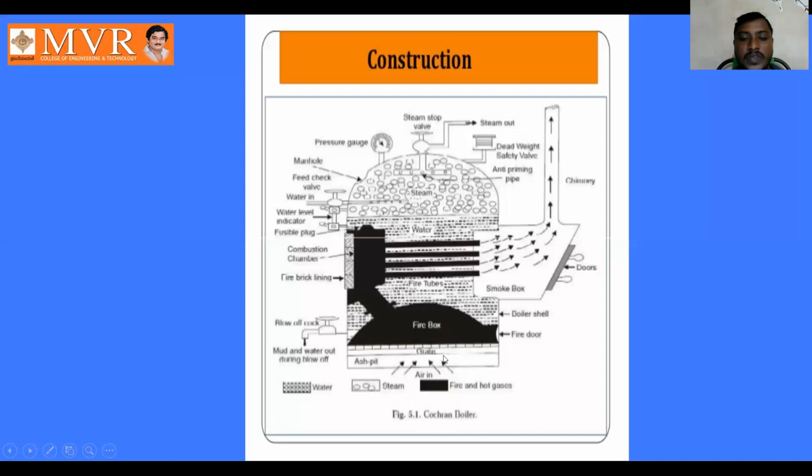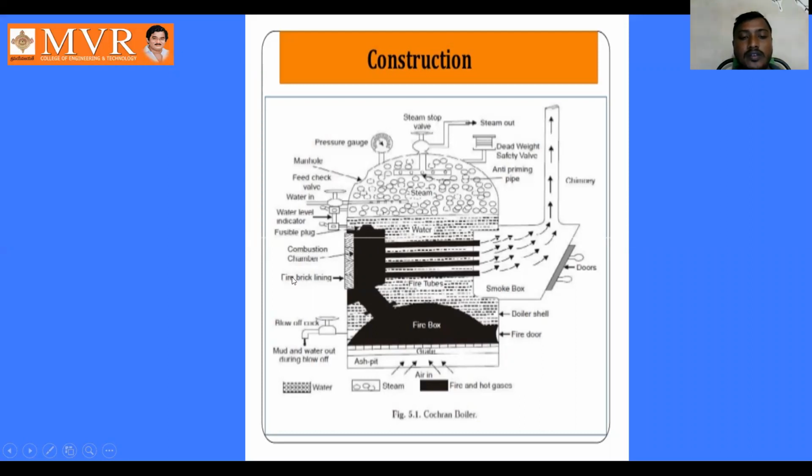Upon the grate, by using this fire door, we feed coal into the firebox. In the firebox, combustion takes place, and through this flue pipe the hot gases produced are entered into the combustion chamber.